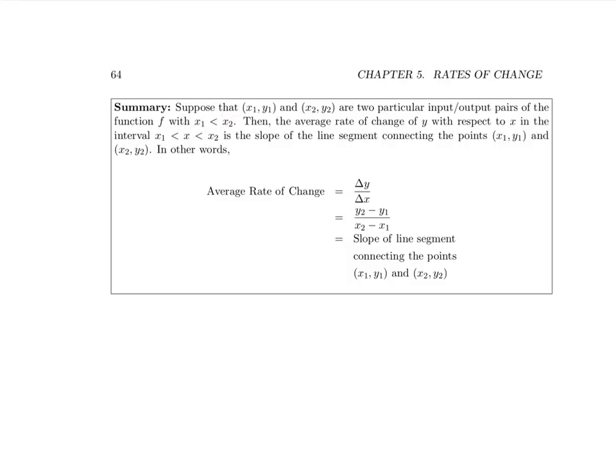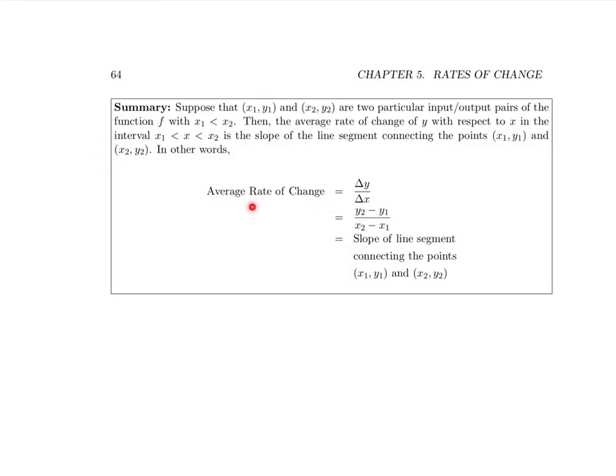Then the average rate of change of the output y with respect to the input x over this interval is the same as the slope of the line segment that connects these 2 points. So if you're using these 2 points to calculate an average rate of change, then that average rate of change is exactly the same thing as the slope of the line segment that contains these points.